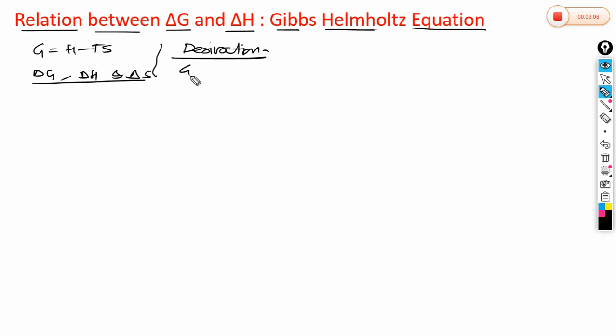Let G1, S1 and H1 be the free energy, entropy and enthalpy of the system in the initial state.